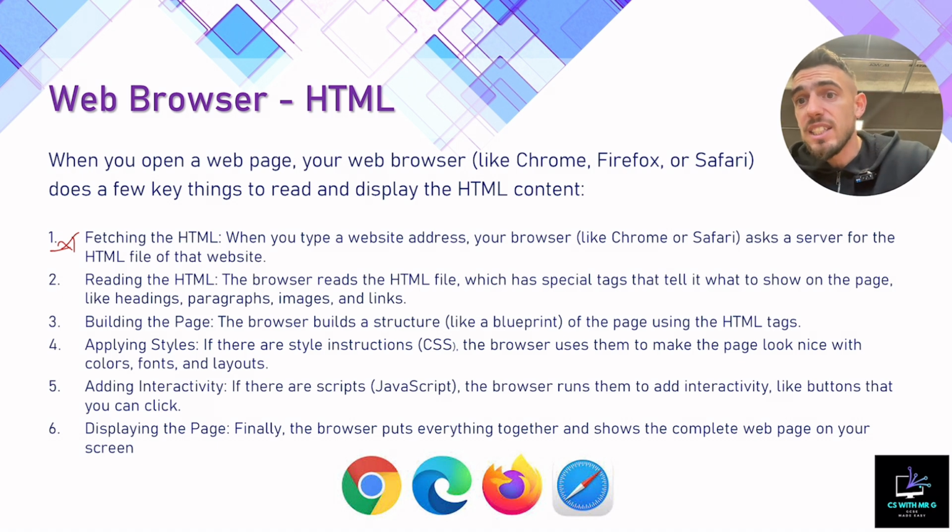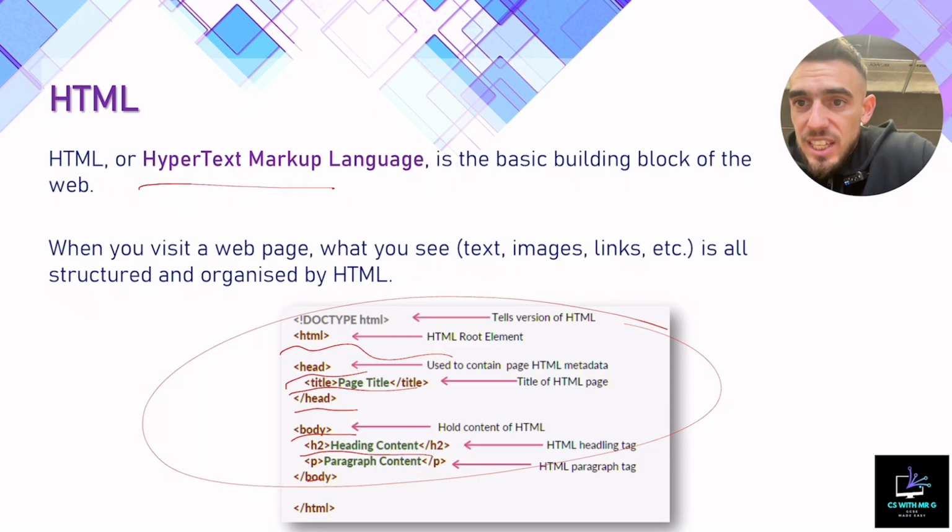The browser reads the HTML file, which has these special tags, which we've seen in the previous page. Okay, the tags look like this, which is the less than and more than sign. These tags will determine what is actually happening on the page. Whether it's, let's go back a page, whether it's the head or a title or a body, this will determine what format it looks like.